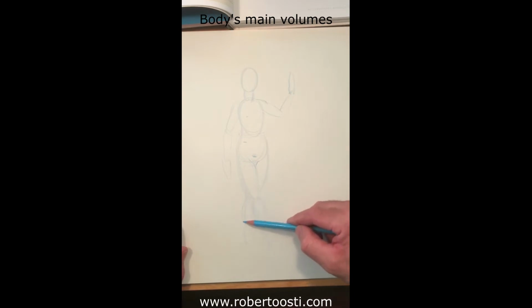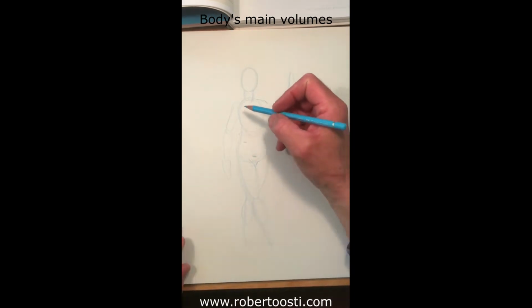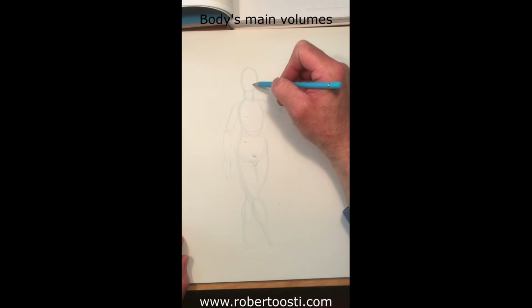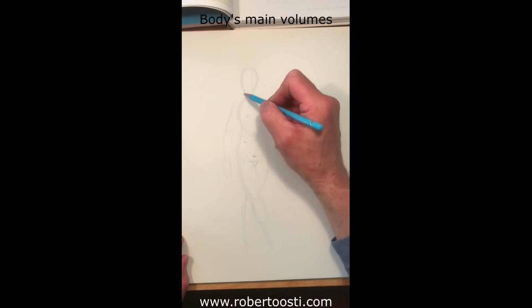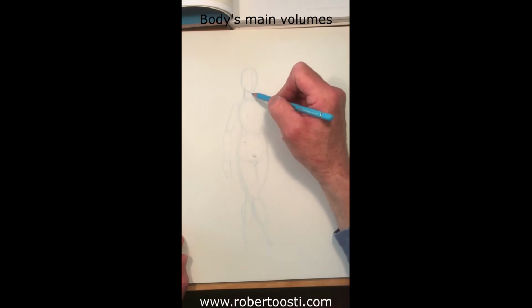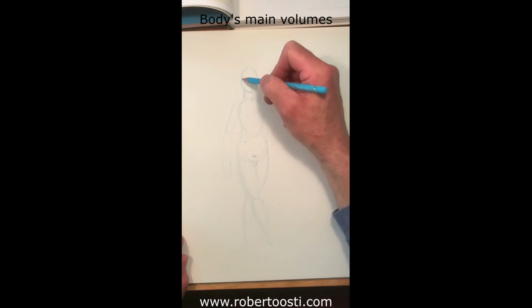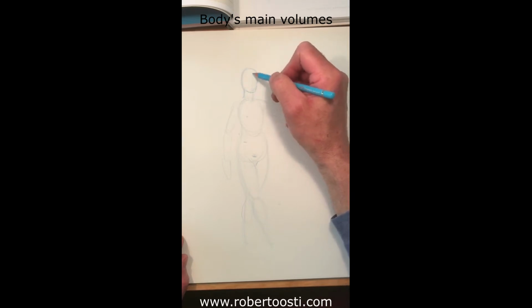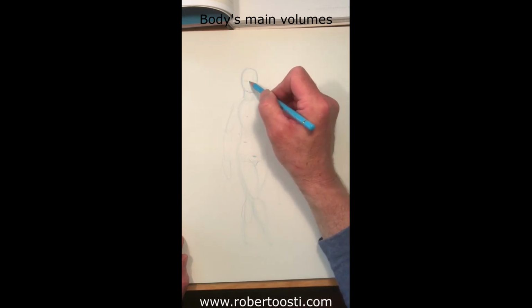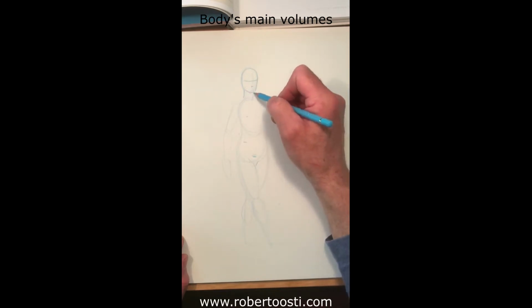So once I have this ghost image like this, right, I can start developing it a little bit more in terms of smaller and smaller volumes, right? So that's the head, okay? That's fine. Volume of the head, halfway more or less where I have the eyes, 2/3 down the nose.